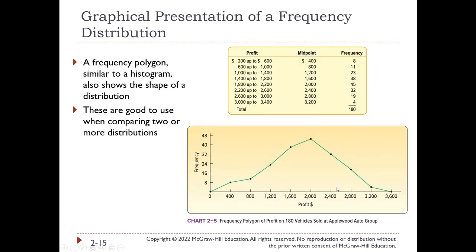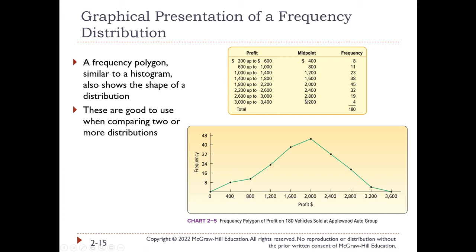It is using the midpoints, basically the number right in between each of our ranges. Since we have an interval of 400, divide by 2, that's 200 right there.